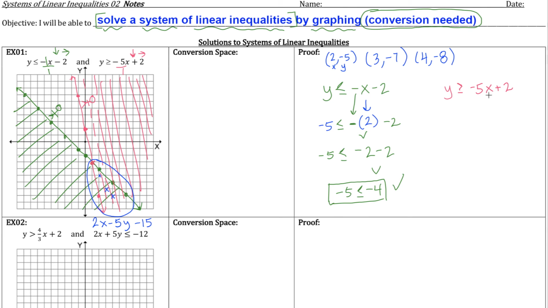We chose 2 for x, and that goes with negative 5. So negative 5 should be greater than or equal to negative 5 times 2 plus 2. Negative 5 times 2 is negative 10, and negative 10 plus 2 is negative 8.